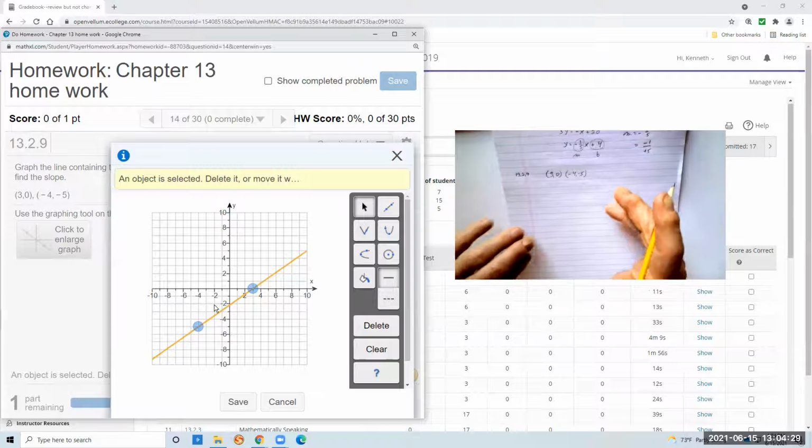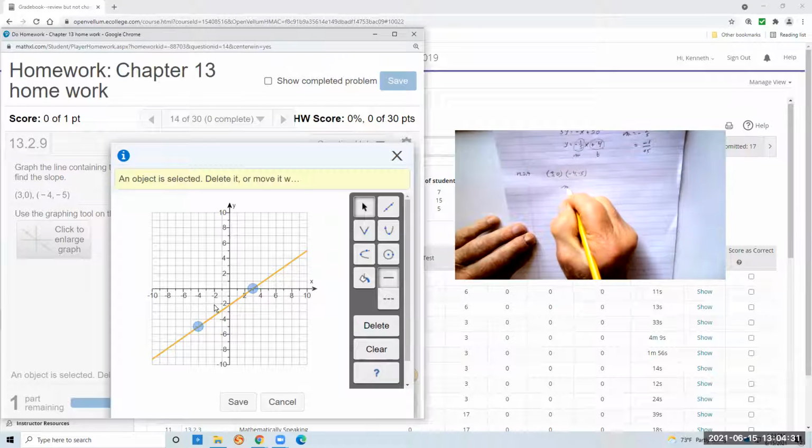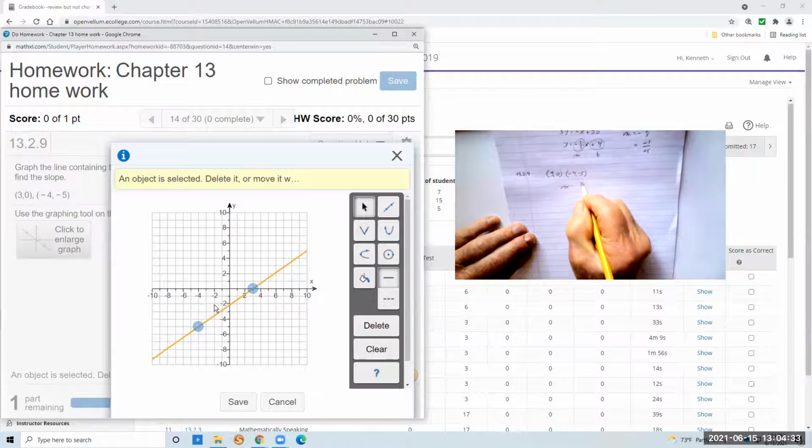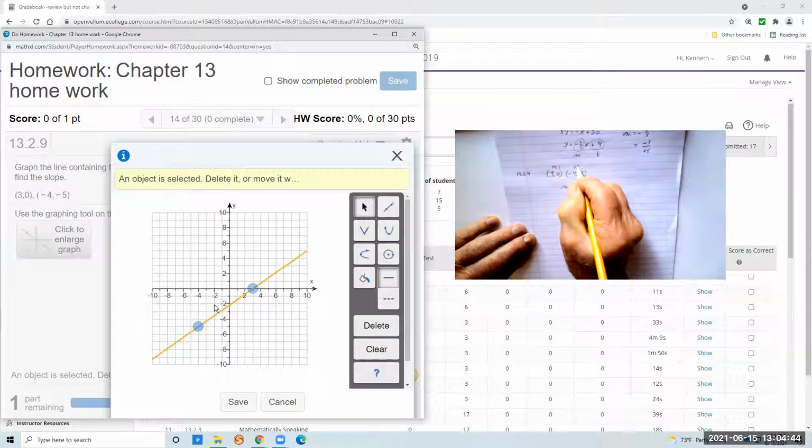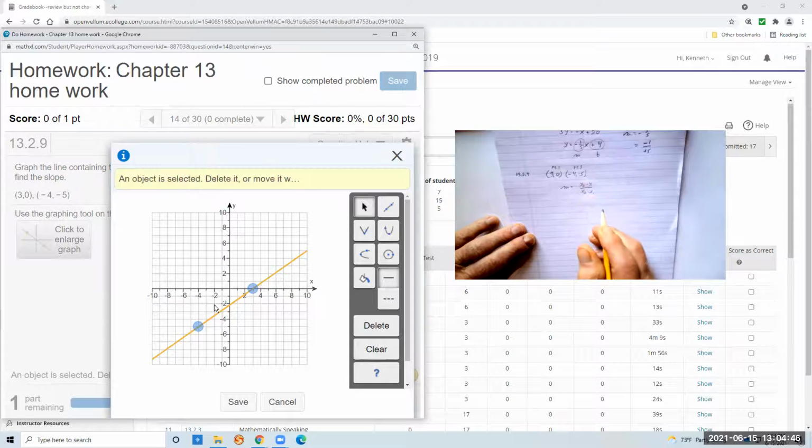So when we calculate the slope, we should end up with a positive answer. So now let's calculate the slope by the slope formula. M is equal to y sub 2 minus y sub 1 over x sub 2 minus x sub 1. It doesn't matter which we call point 1 and which we call point 2, as long as we are consistent.